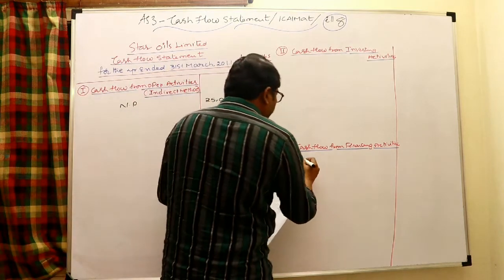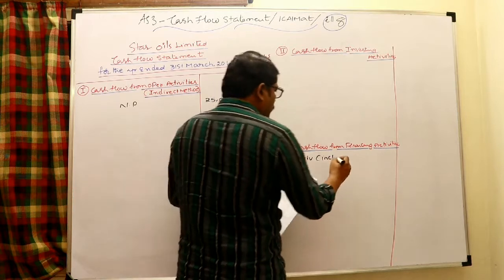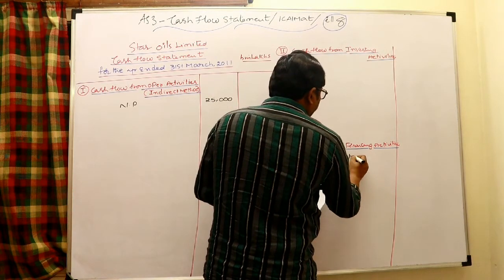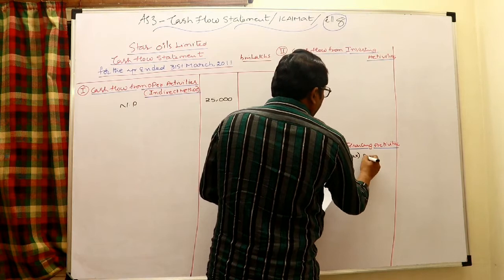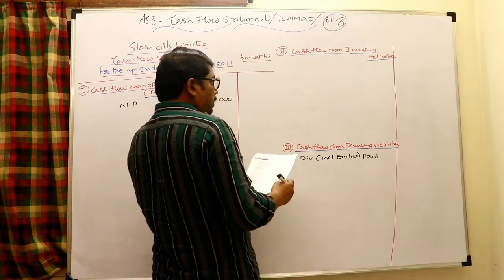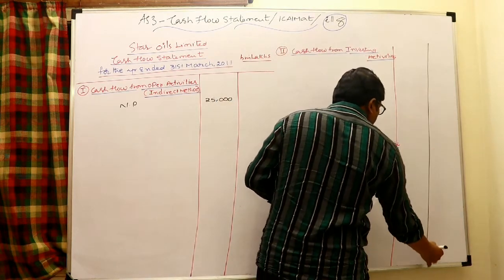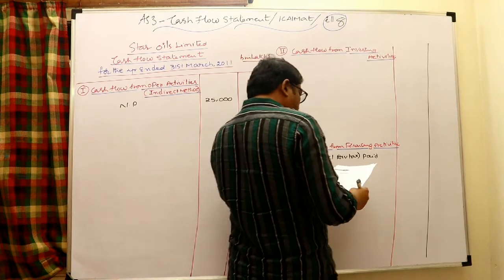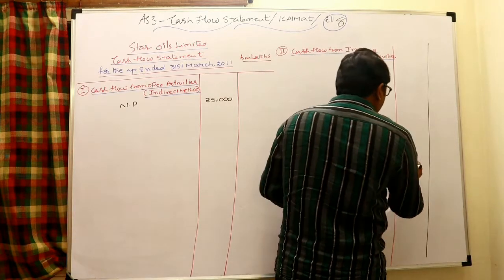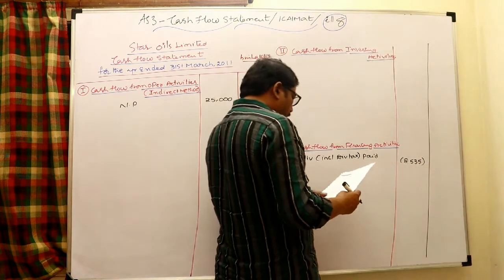Straight away you can show it there. So dividend including dividend tax paid. Dividend tax paid, it is an outflow, 8,535.